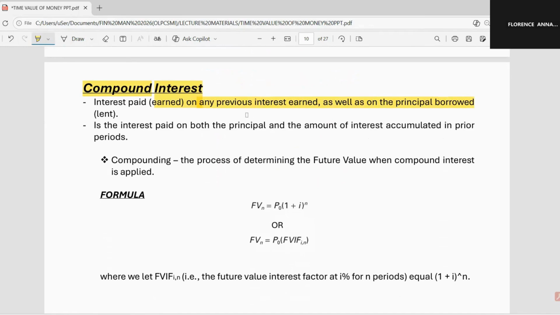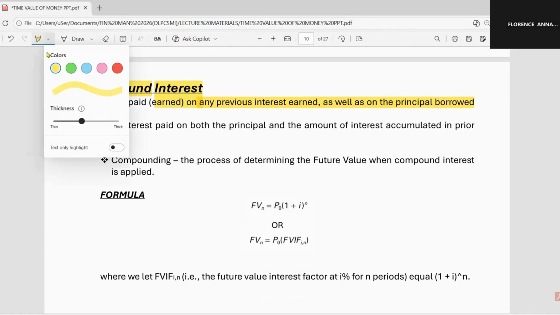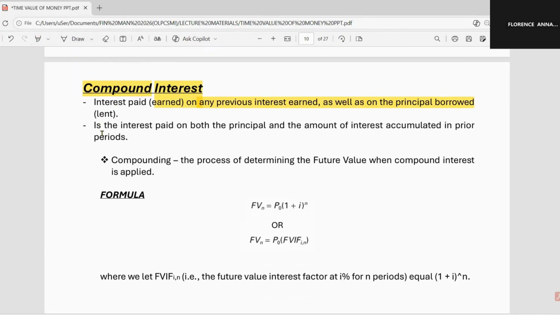Even your previous interest will also earn interest. Therefore, kapag sinabi natin compound interest, it is the interest paid on both the principal and the amount of interest accumulated in prior periods.